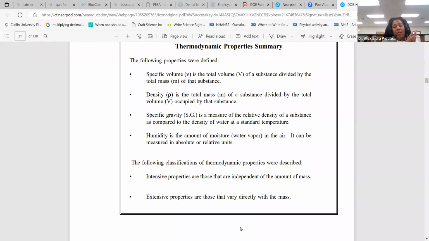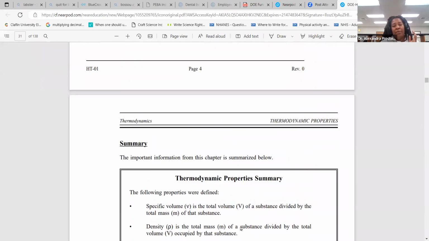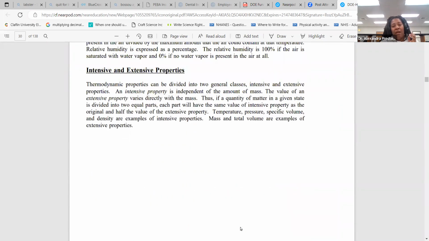And we said intensive properties are what? Temperature, pressure, specific volume, and we said density. Okay, those are intensive properties. The mass and total volume, those are extensive properties.